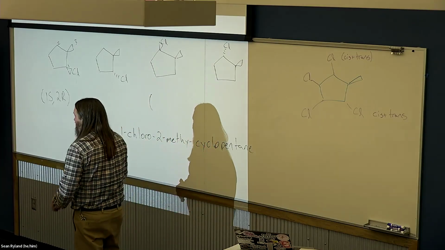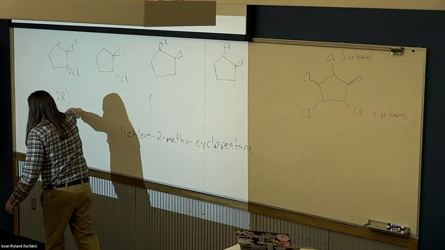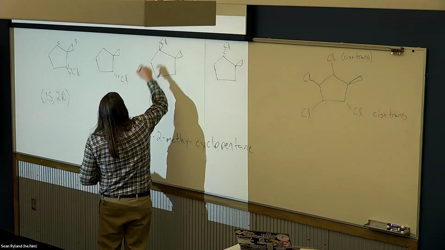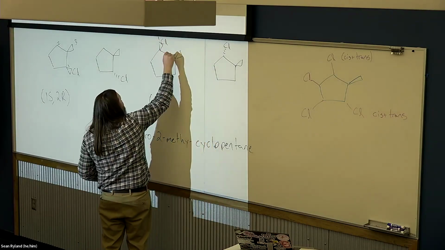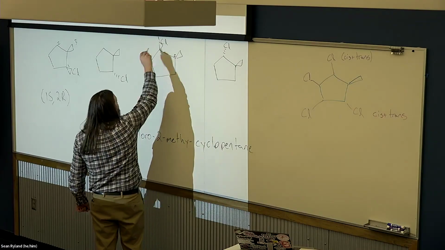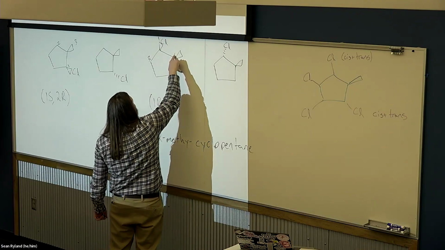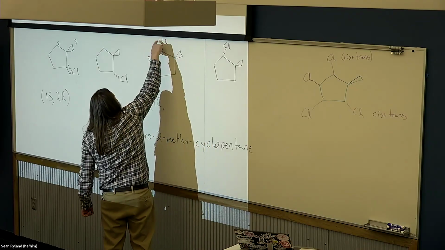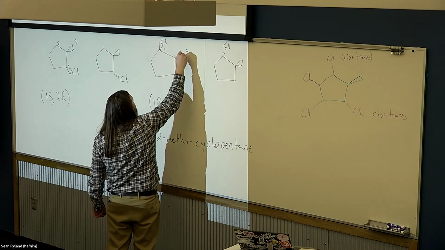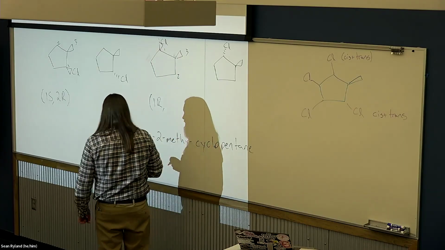So if cis and trans is all we need to think about, then we should get the same stereochemistry on both of them. Here we're going to have 1, 2, 3, hydrogen into the board. So that's 1R. And here we're going to have priority 1, 2, 3, 4 is into the board, which is S.